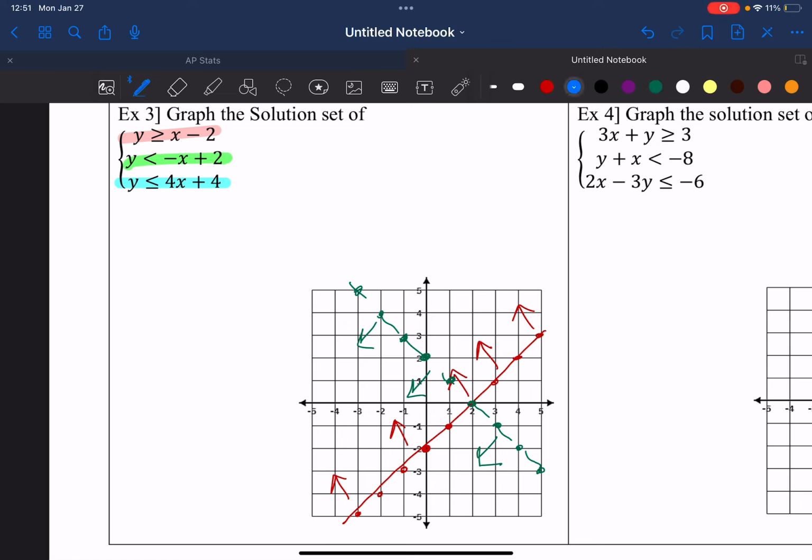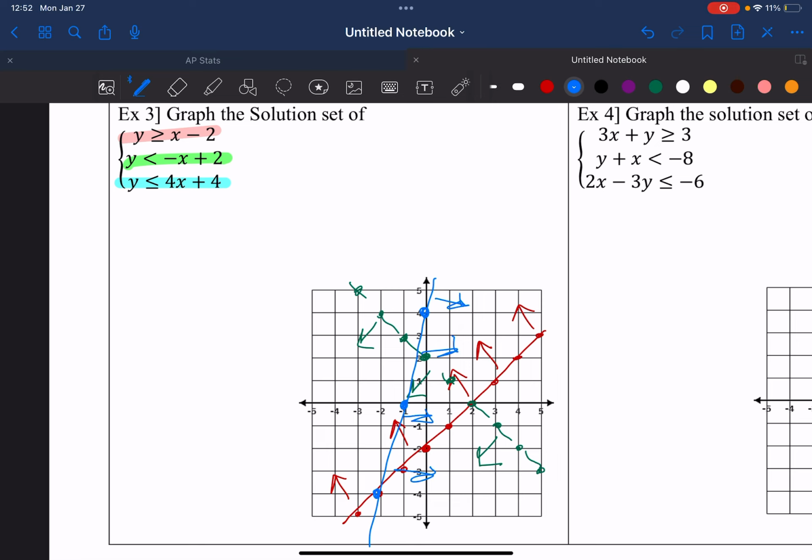And then I have 4x plus 4, so I have 4. Technically for 4x, I should go up 4, right 1, but I don't have room for that. So I'm going to go down 4, left 1, down 4, left 1. And since it's less than or equal to, it's going to be a solid line. And since it's less than, it's going to go down.